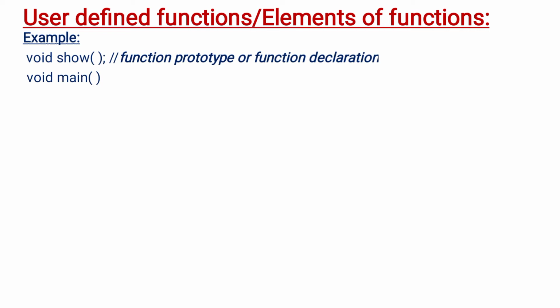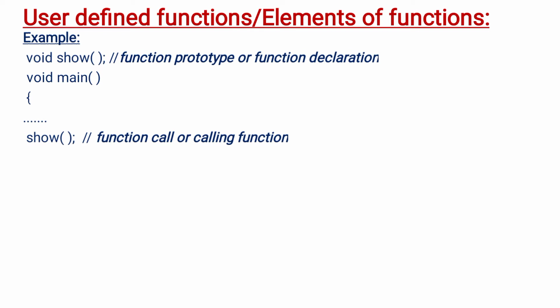Then void main function is opened here, and I am writing show. So our function name is show, and that show function prototype is written before the main function, and inside the main function I have just written the show call. This means what?